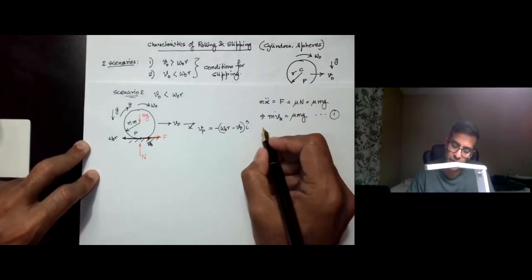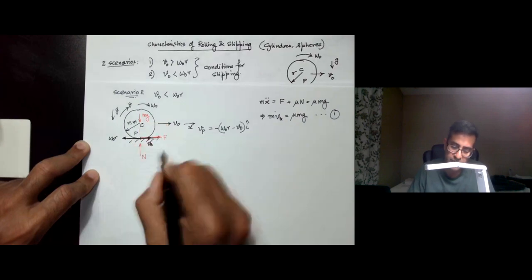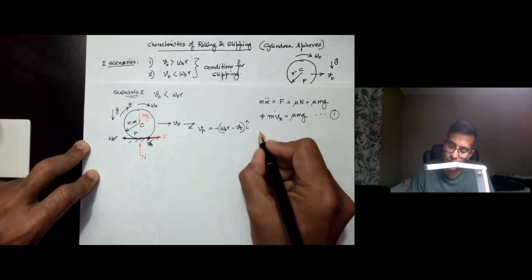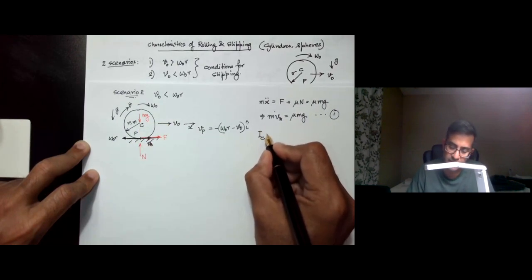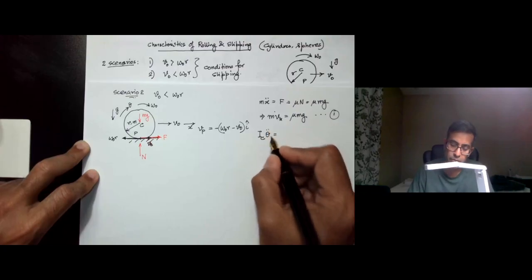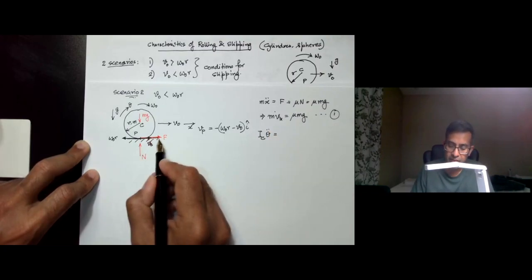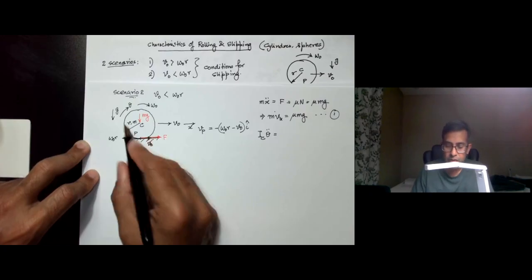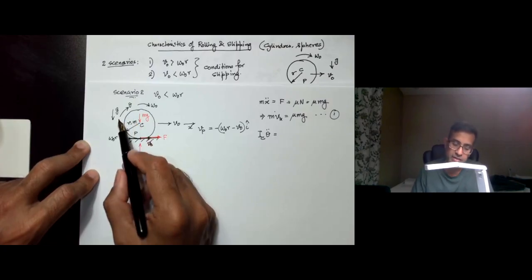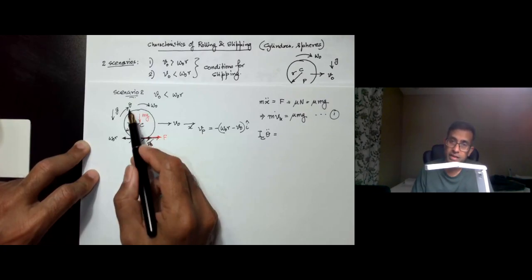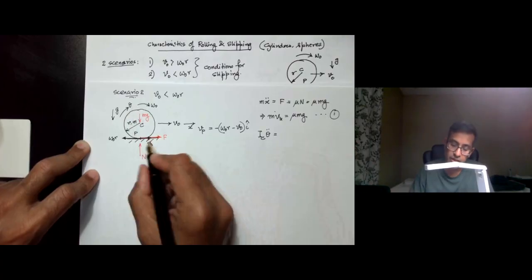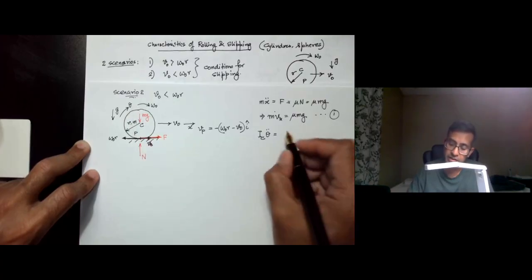And the rotational equation, if the center is C, is going to be I_C theta double dot equal to the summation of moments. Now the force F is producing a counterclockwise moment, and theta is defined to be positive clockwise. So the moment produced by this force is a negative moment.